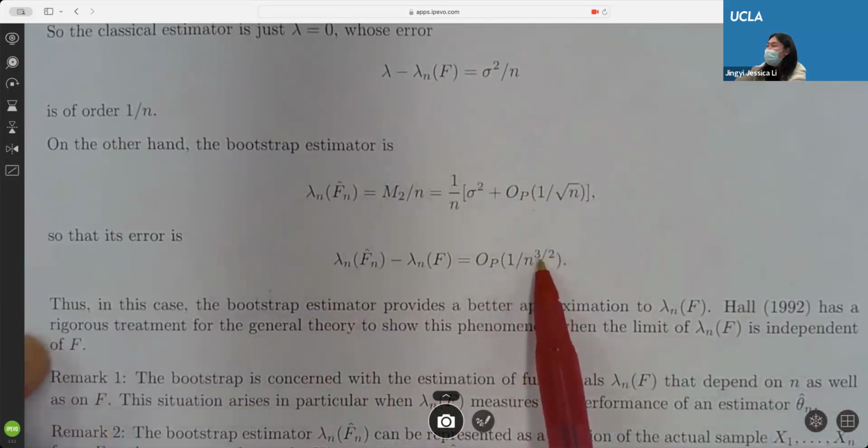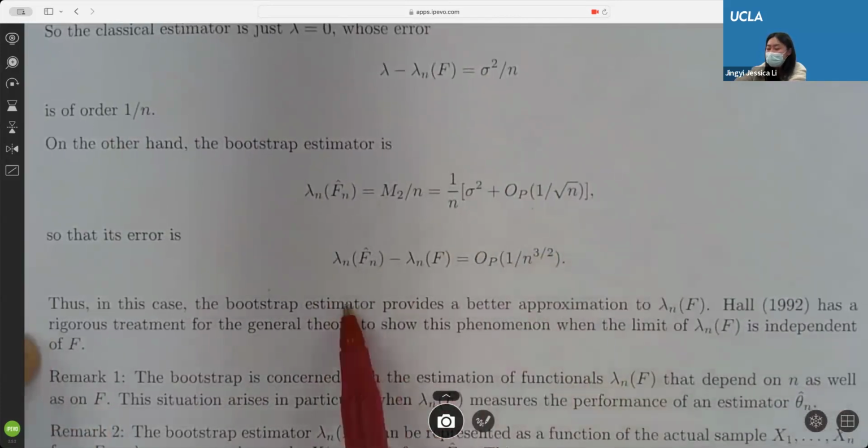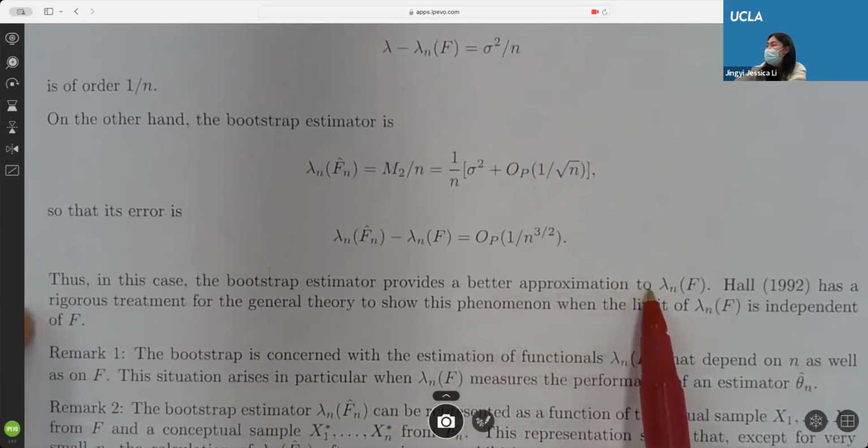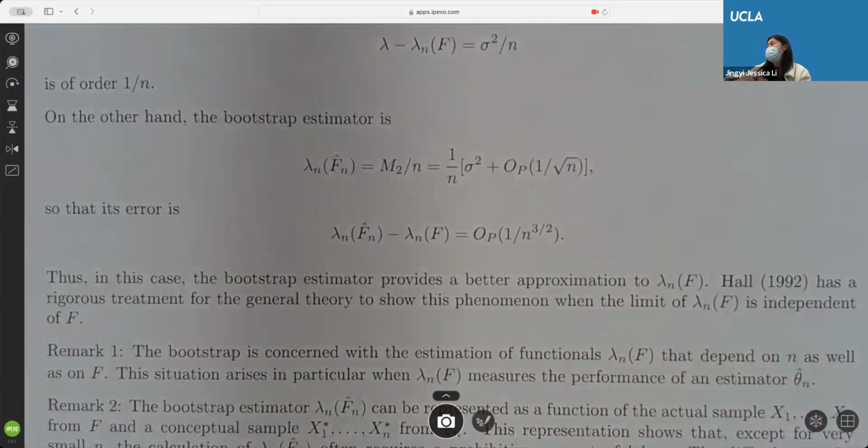It's not 1 over n. That's why in this case the Bootstrap estimator provides a better approximation for the bias than the classical estimator. The classical estimator would just straightforwardly estimate the bias at zero. But here you will not estimate the bias at zero; you're using Bootstrap to provide the estimator.